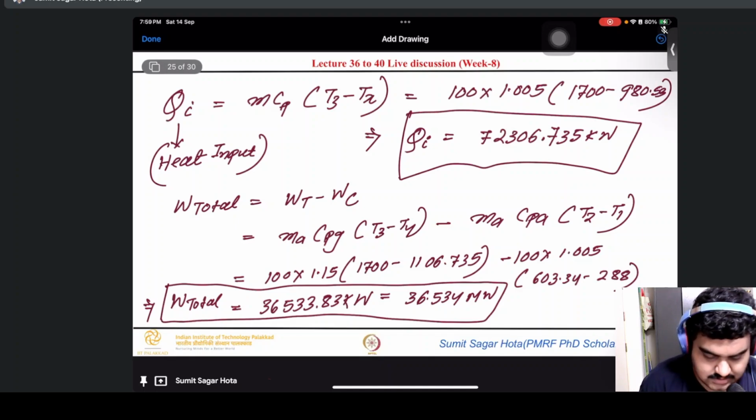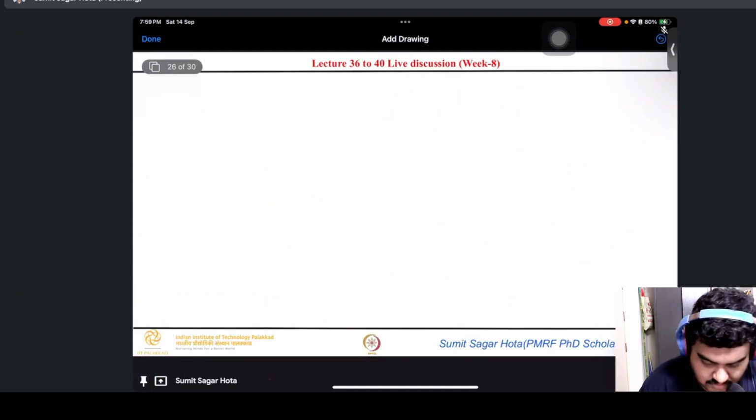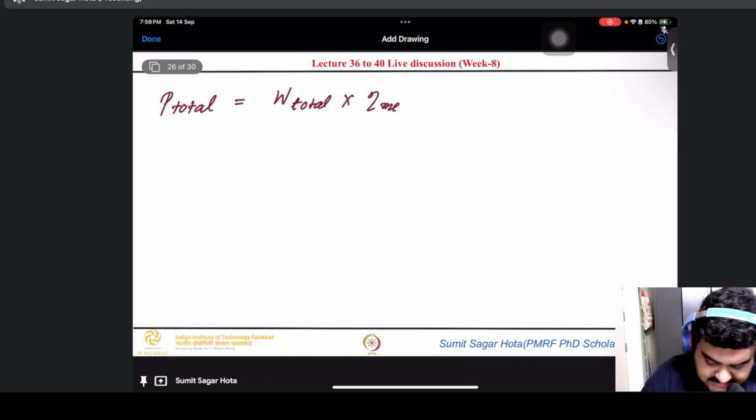Now what is the power output, or the total power? W total into mechanical efficiency into alternator efficiency into thermal efficiency.